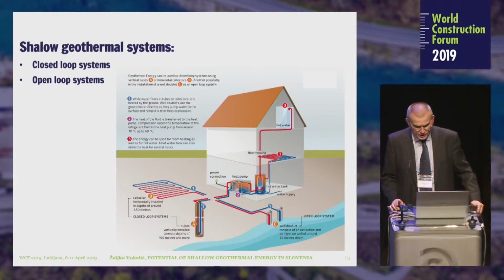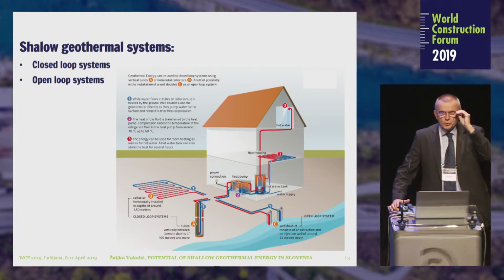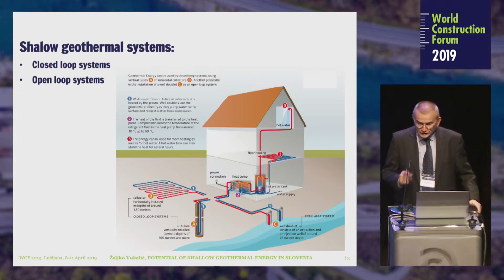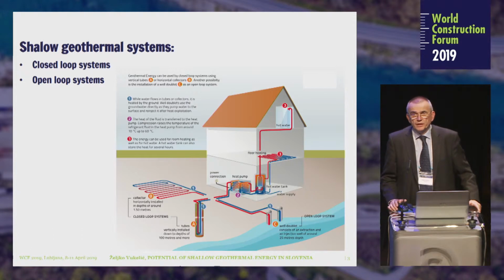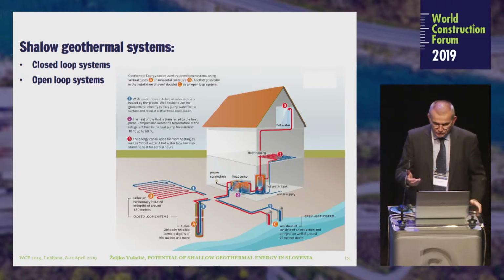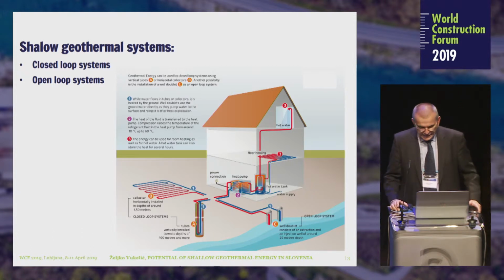Of course, in this system you also have floor heating. In floor heating you should be very careful. You cannot use it for cooling, because then you can have a problem with condensate.